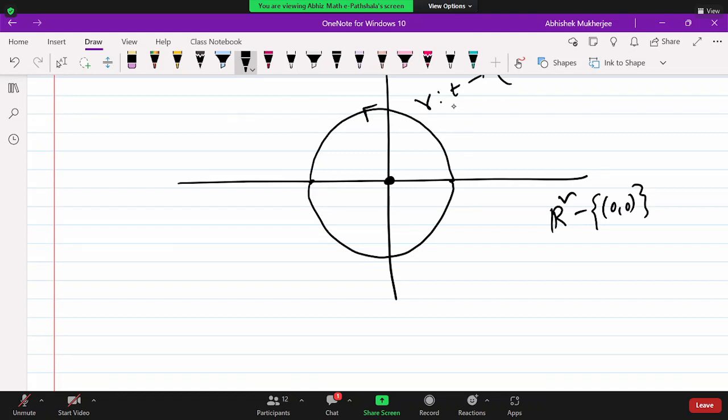This is sigma, which is t goes to this one.